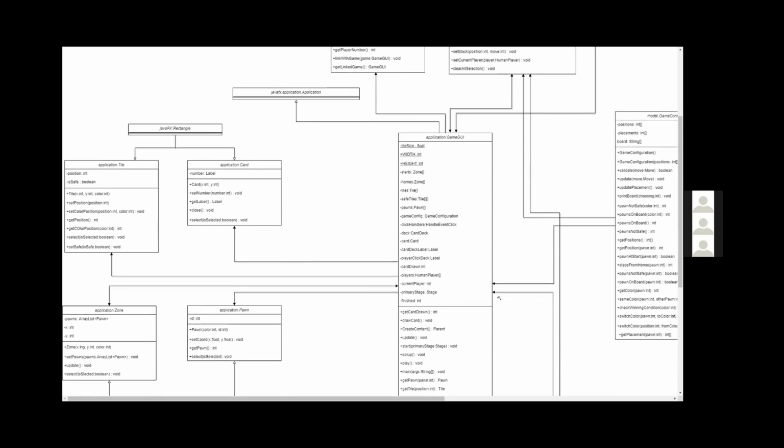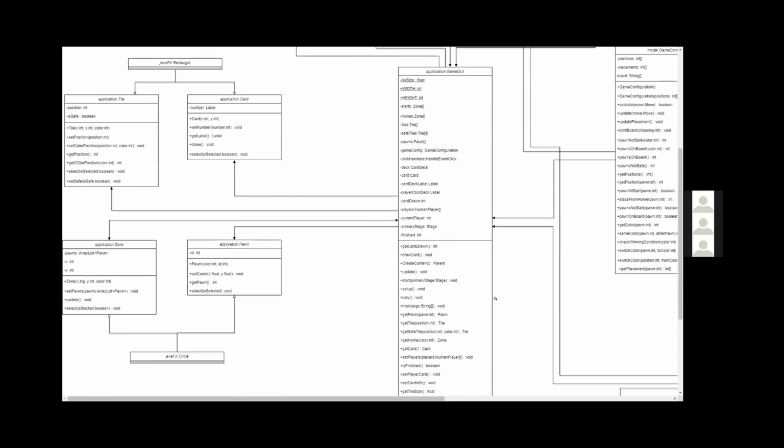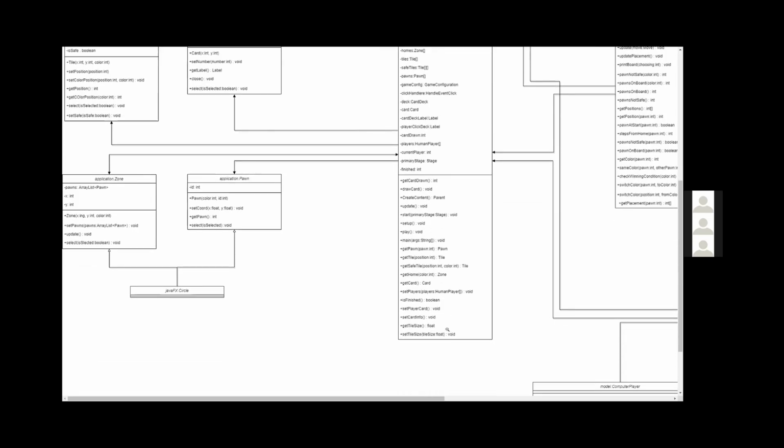Another change that you might notice is now we have two pawn labels that will display the player's turns and also describe the card that the player drew from the deck. So they will be changed by calling the set player card and set card info methods, which are called in the play method, where a game's turn plays out.